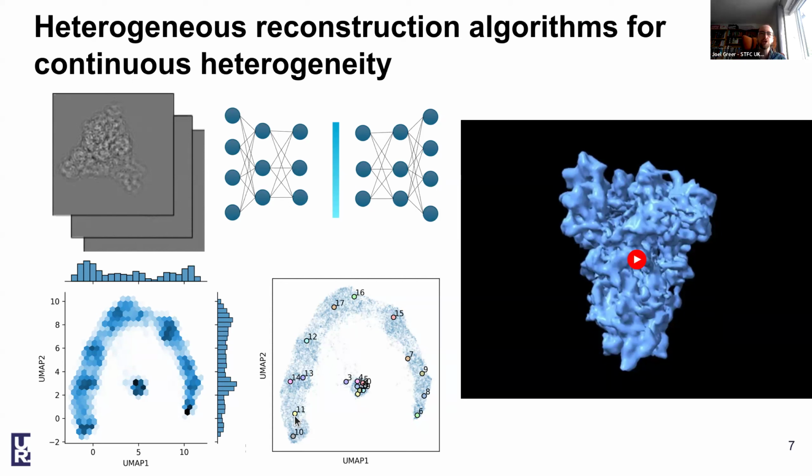Here I show the latent space as a two-dimensional UMAP embedding. I show a hex bin representation to show you exactly the proportion of particles present at each position in this embedding.